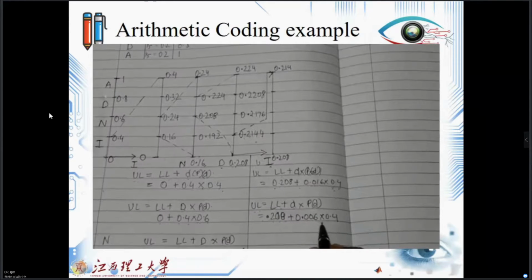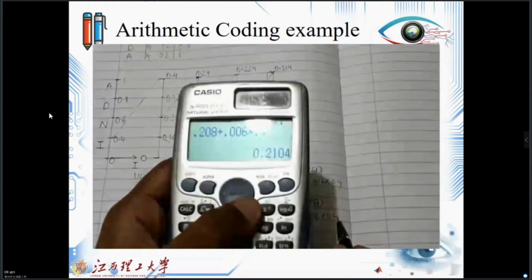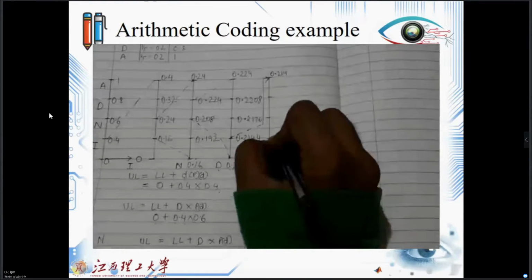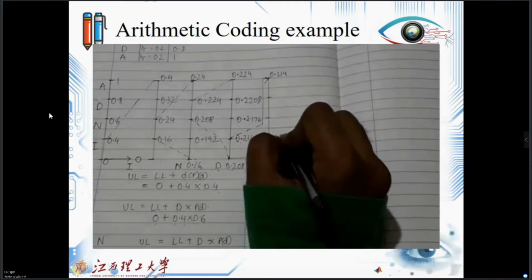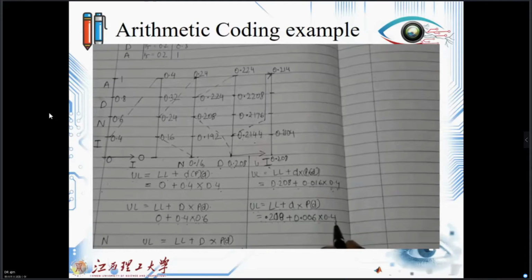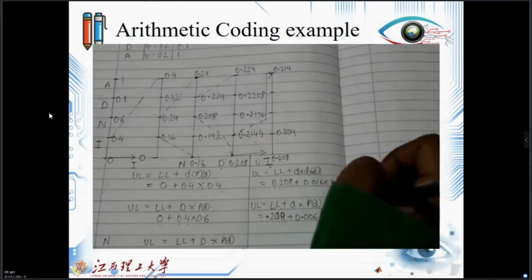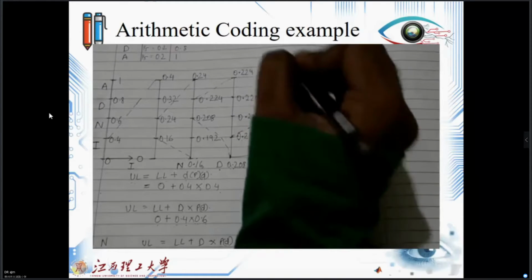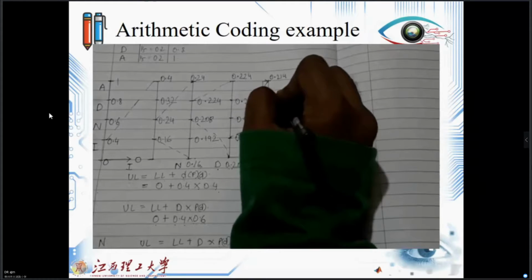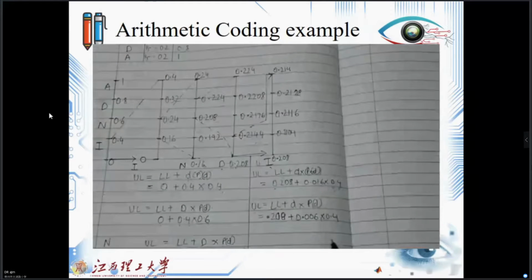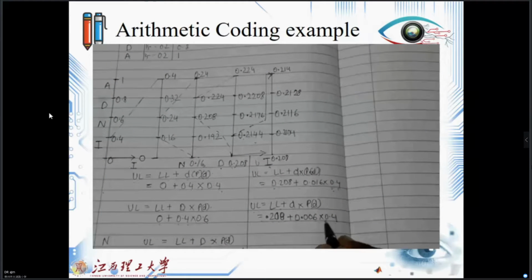Then the next, because we had one more I, we should not miss that symbol. Again, we should do it. And again, we'll calculate it, with the upper limit and lower limit. Okay, the word I is calculated.